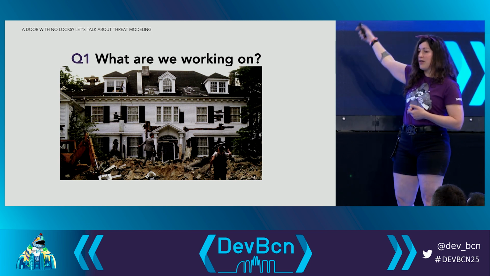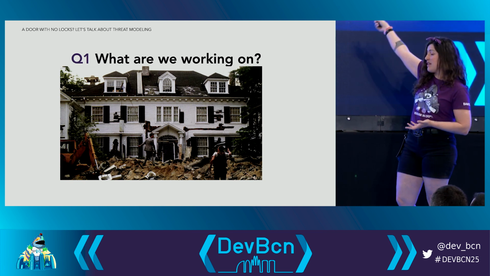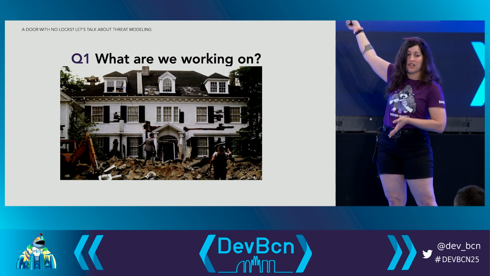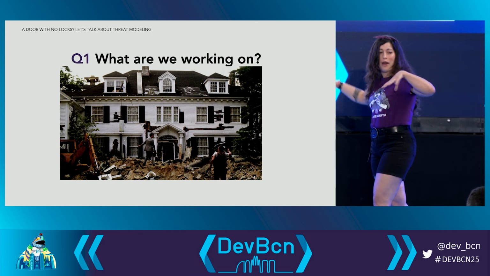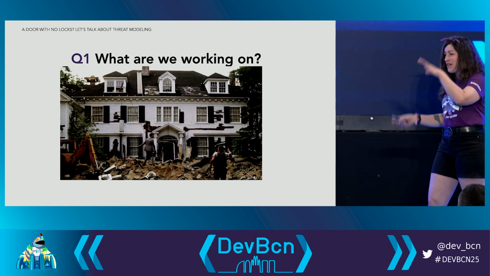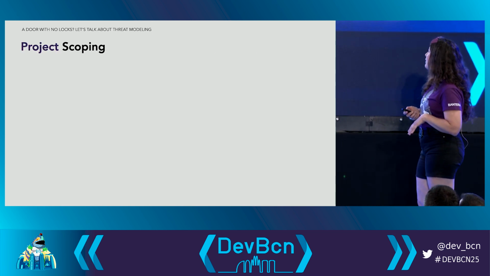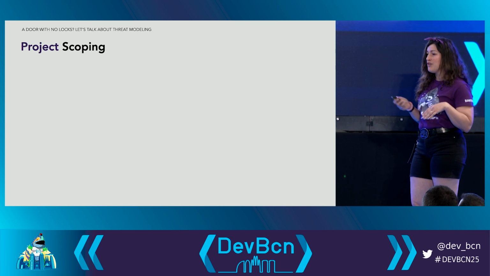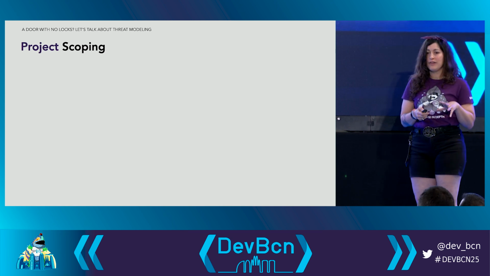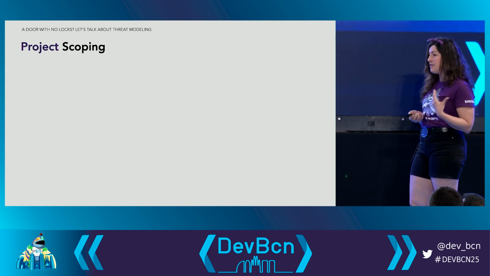The first question is, what are we working on? These guys have a Swiss cheese of a house, full of holes, I don't know if there is a house in there anymore. And we are going to do something different. First, we are going to gather as much security-relevant information as possible about the project that we are designing.